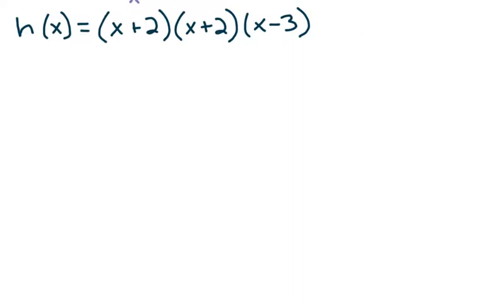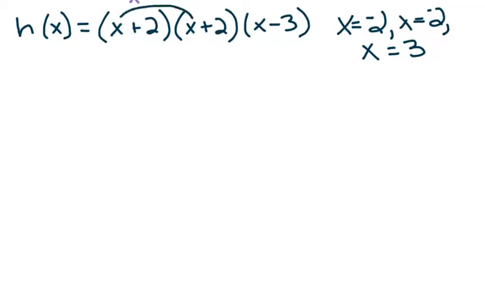Okay, for h of x, we can see that we have real zeros of negative 2, another negative 2, and a positive 3. Now, by doing what we just did on the last example, if we distributed and multiplied all of our variables, we would get x cubed.